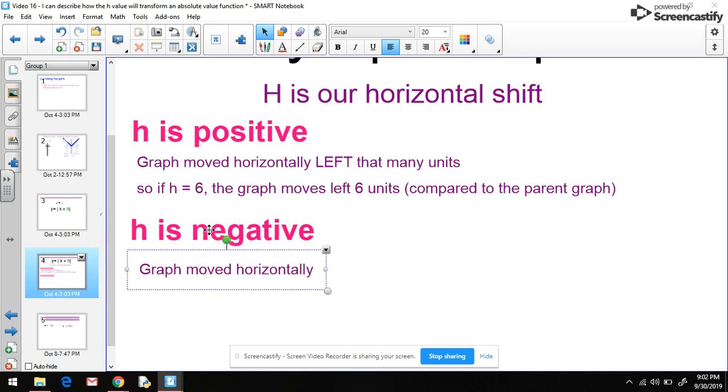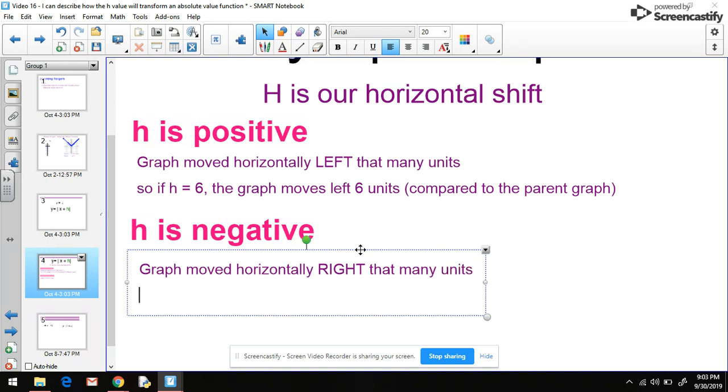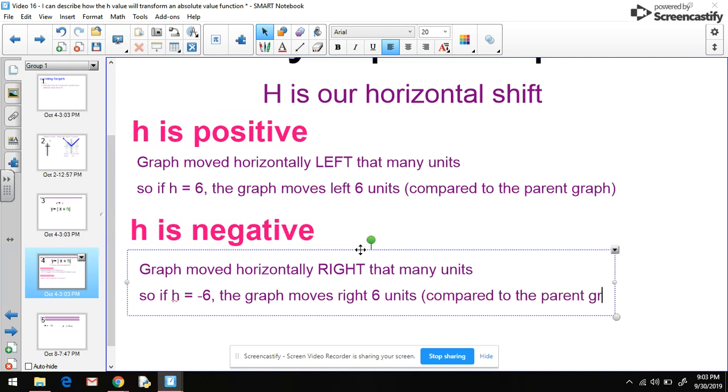But remember, when h is negative, it's going to move towards the positive h value. So it's going to move horizontally right that many units. So to summarize it in the same way, if h equals -6, the graph moves right 6 units when compared to the parent graph.